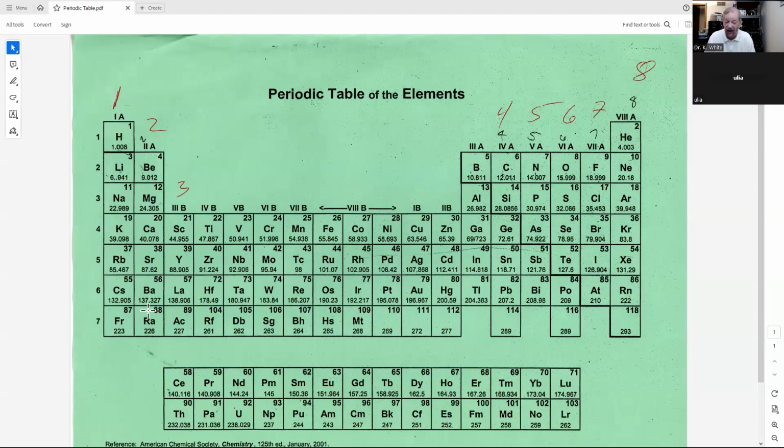And if you don't, I'll take off a point. So hydrogen is 1.01, the 3 significant figures. Oxygen, 15.999, no, 16.0. And sulfur, with the 3 significant figures, is 32.1.